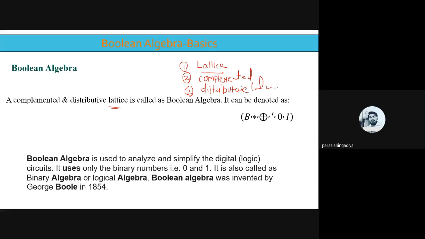So it is used to analyze and simplify digital circuits. That is the main application of Boolean algebra.